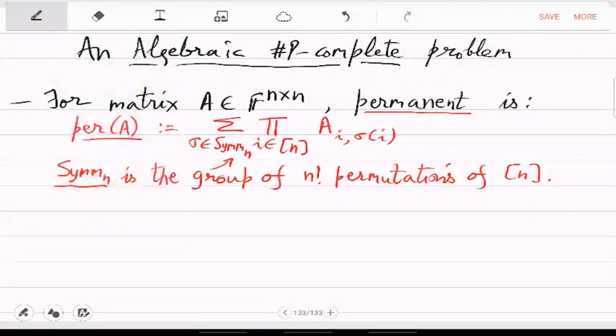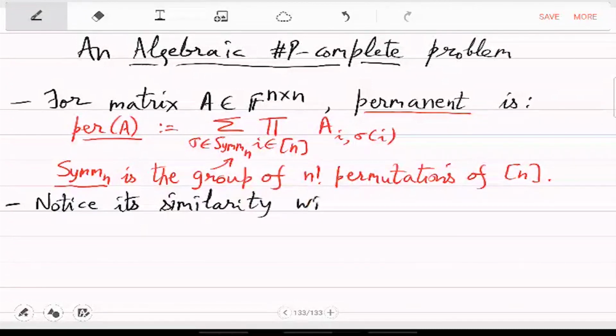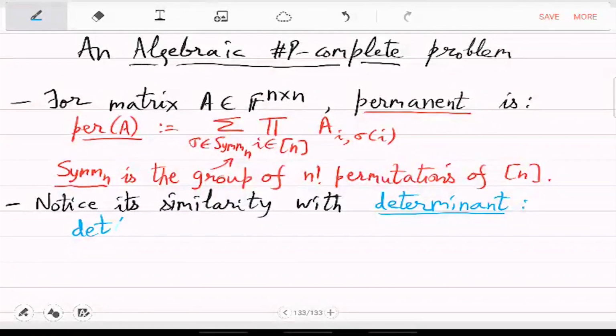Now notice its similarity with determinant. So what is determinant? Determinant is of the same matrix, same expression with a tiny difference.